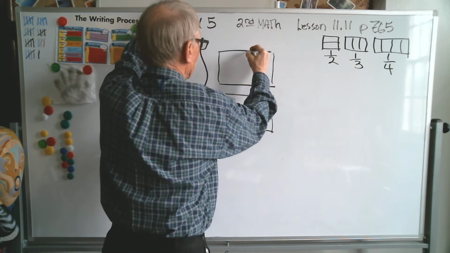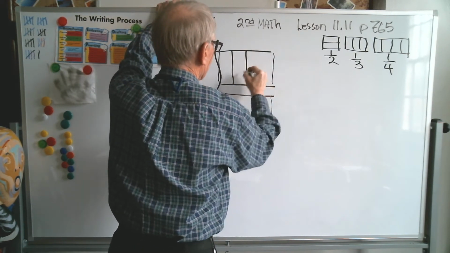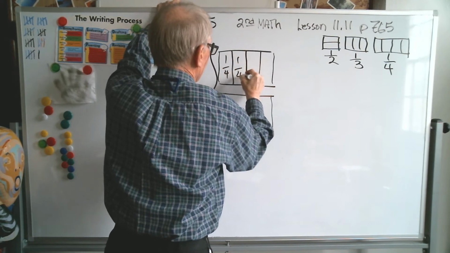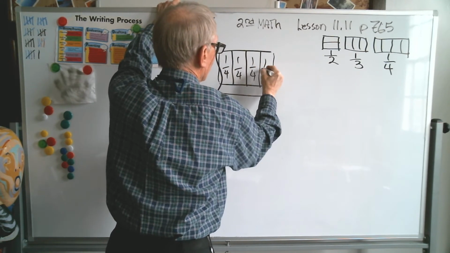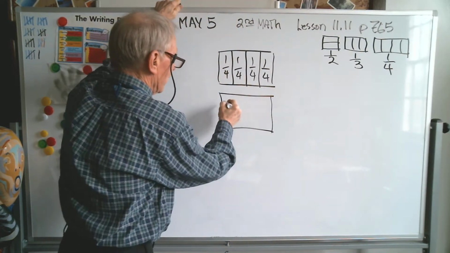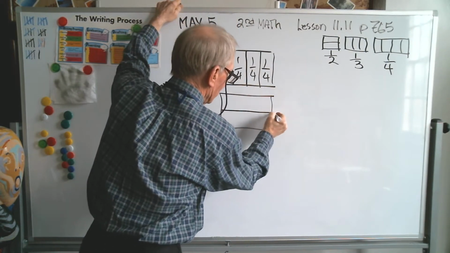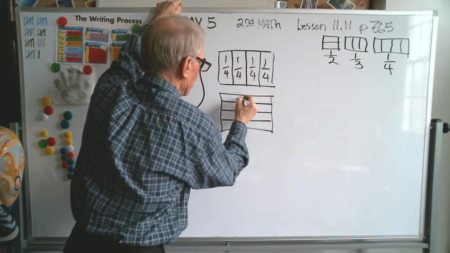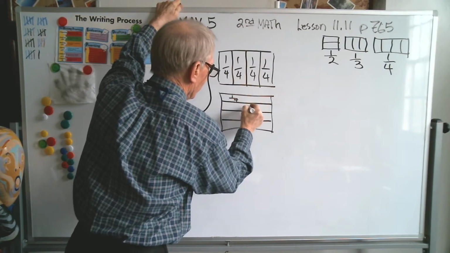So, again, the simplest thing to do is to cut it into 4 sections, 1/4. Now, you can then come and do it in the opposite direction. And each one of these is a 4th.